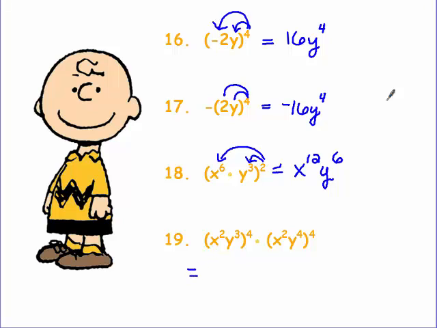So doing that, I get x to the 8th, y to the 12th, times x to the 8th, y to the 16th. Well, now I combine like terms. You put your x's together and you get x to the 16th, y to the 28th.